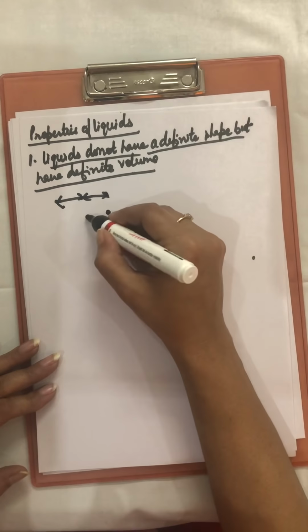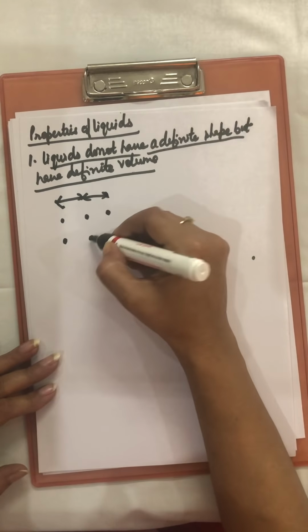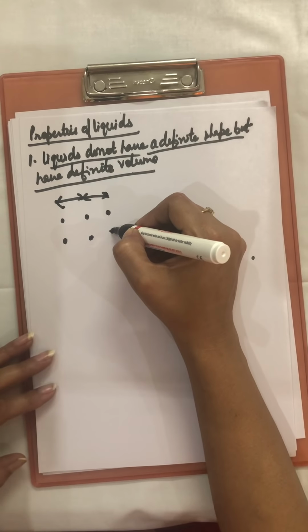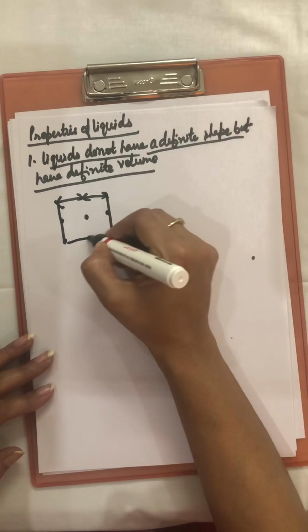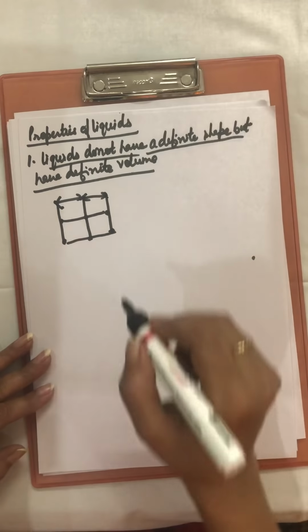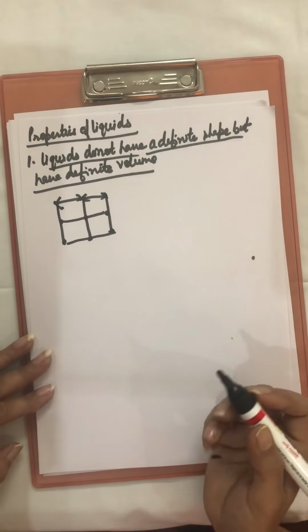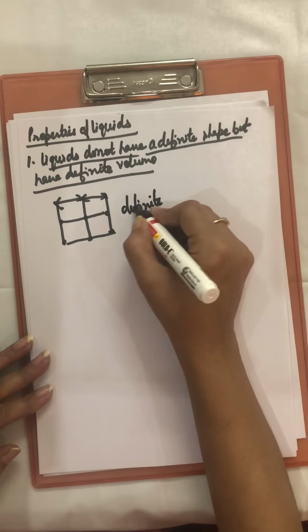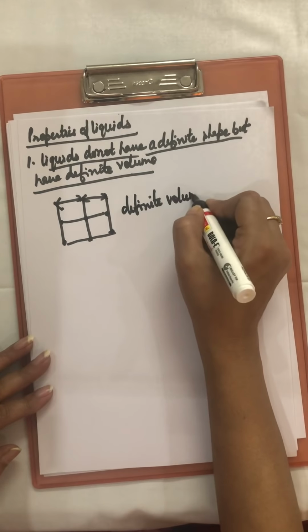So if the particles remain here only, that means the volume of the liquid will remain the same. This is because particles are held by the strong forces. Therefore, they have a definite volume.